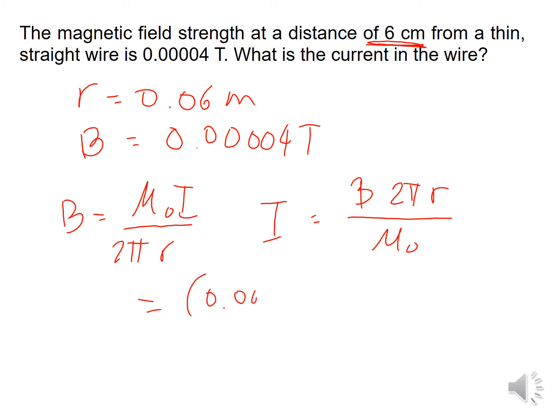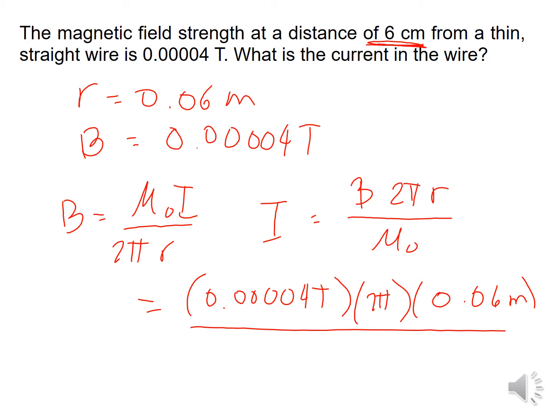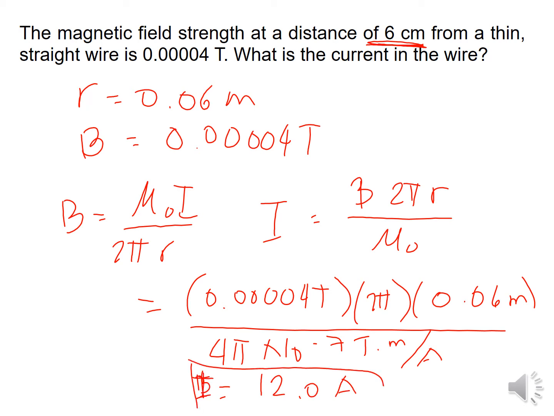So this is equal to magnetic field, 0.00004 Tesla multiplied by 2 pi and then multiplied by the given distance, or r, that's equal to 0.06 meter, and that is to be divided by the value of the permeability of free space, that is 4 pi times 10 to the negative 7 Tesla meter per ampere. So the value here is equal to 12.0 ampere. So here's the value of the current.